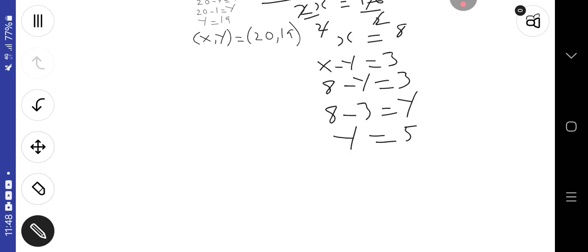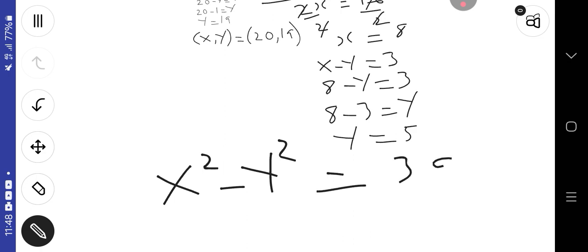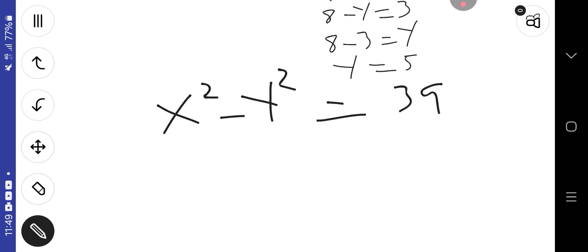From the original equation, we have x squared minus y squared is equal to 39.